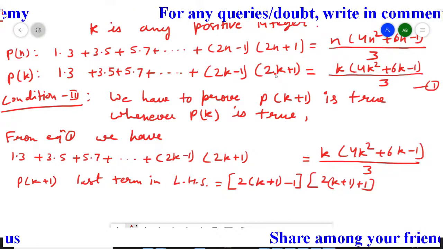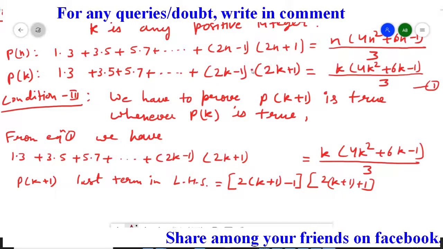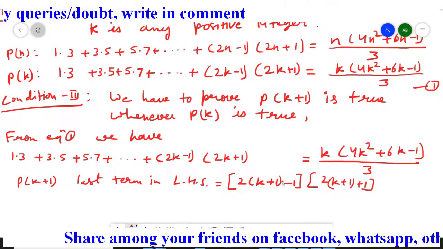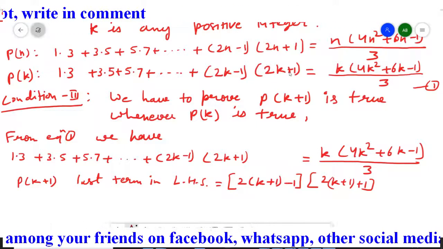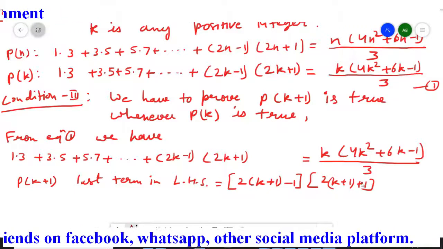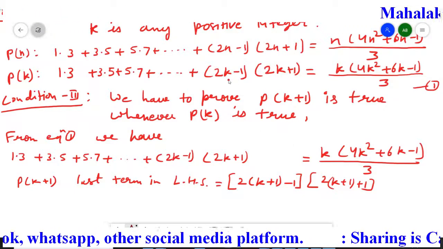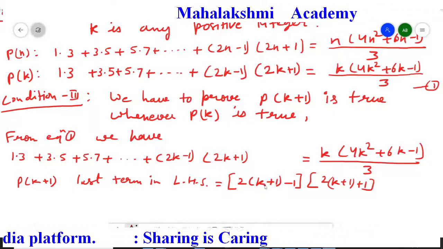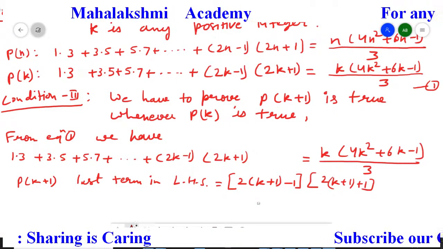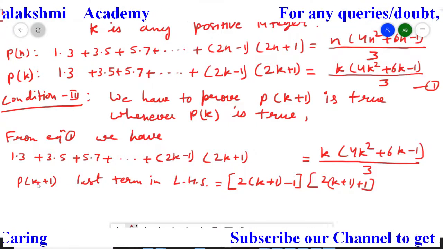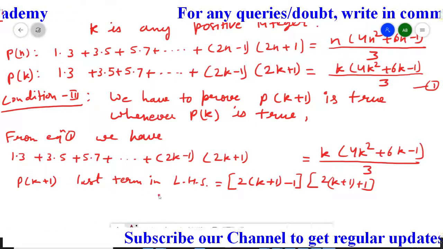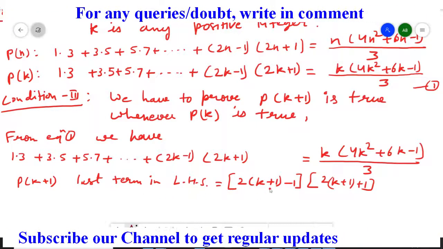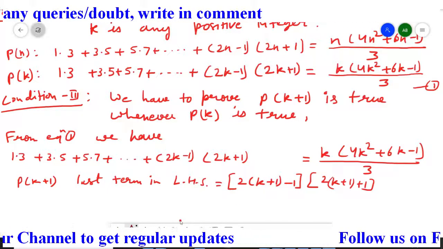I hope it's clear to you. Instead of 2k minus 1, we wrote 2(k plus 1) minus 1, and instead of 2k plus 1 we wrote 2(k plus 1) plus 1. That means at both places I replaced k by k plus 1, so that I can obtain Pk plus 1's last term in the left hand side.